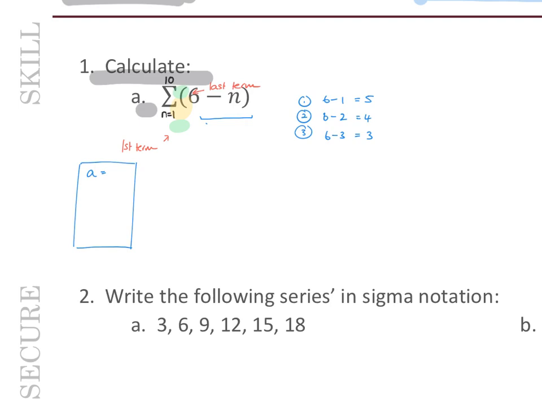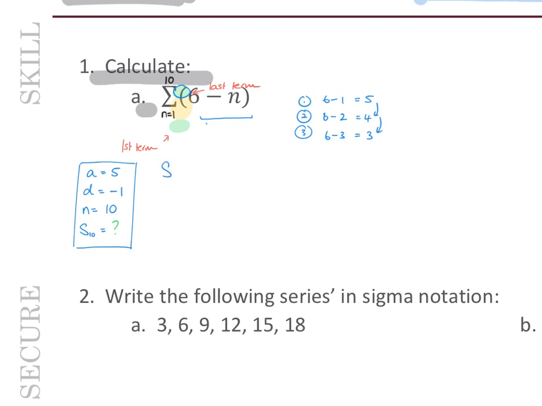And what that does is that tells us the information that we're going to need. So a equals 5. This is an arithmetic sequence. It's going down by subtracting 1, so d equals minus 1. The number of terms is 10 because that is my last term. And so I'm looking for the sum of the first 10 terms. So sigma tells me it's the sum from 1 to 10.